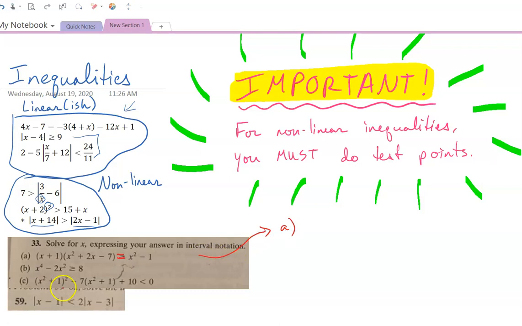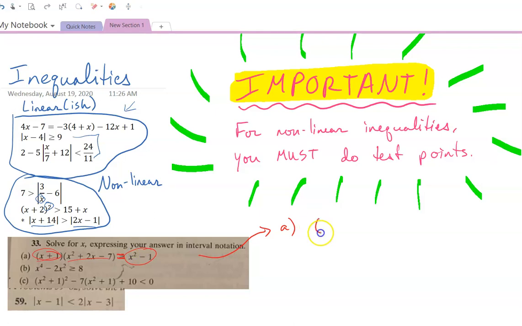Now, as far as my options for solving this, we could distribute the x plus 1 to the x squared plus 2x minus 7, and then move everything to one side, and then factor, set it equal to 0, etc. But because we have a factor of x minus 1, and because we have an x squared minus 1, which I know I can factor on that side, I'm actually going to go ahead and factor first.